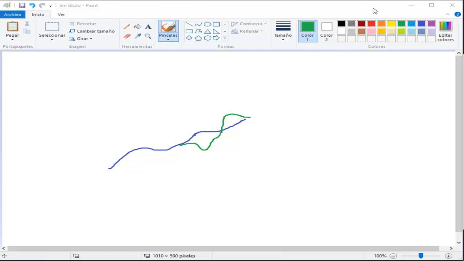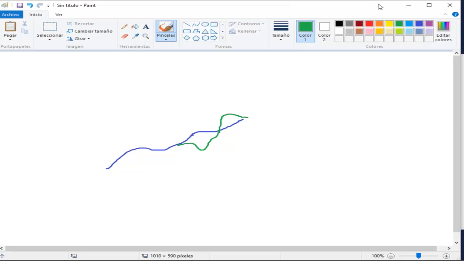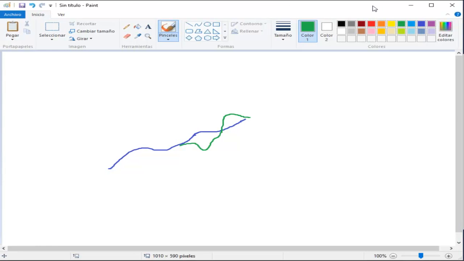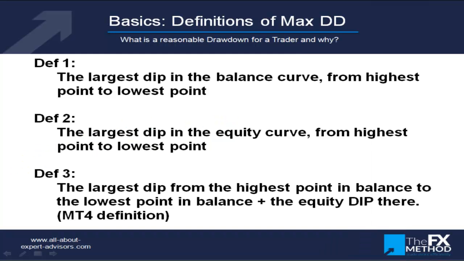But if we define drawdown as from the highest point to the lowest point, and we don't mention whether the balance curve or the equity curve is part of the definition, we're really not defining drawdown very well, right? So it's very, very important that you define which curve you mean.